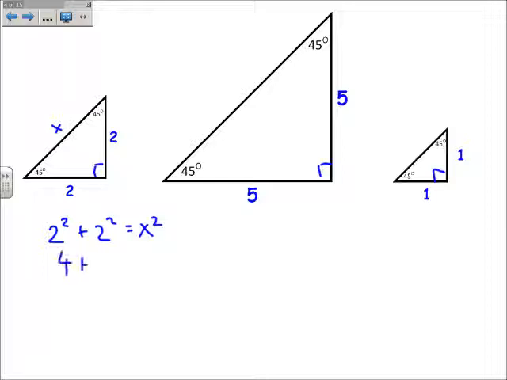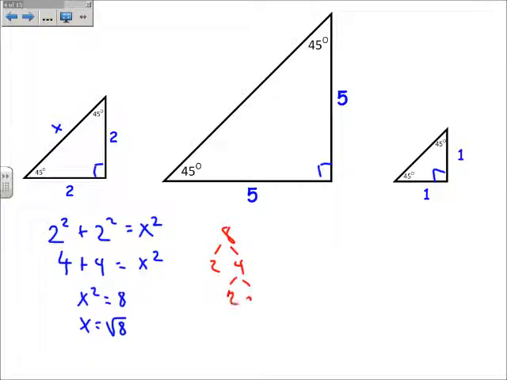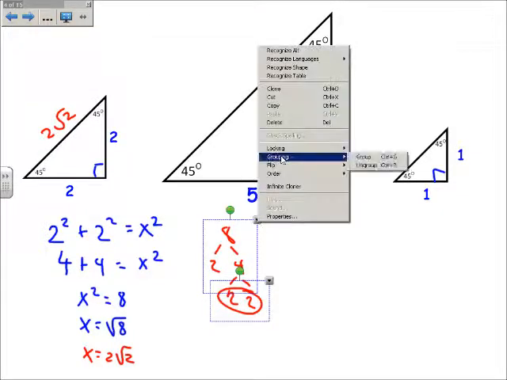So 4 plus 4 is equal to x squared, and x squared is equal to 8, and so x must be equal to the square root of 8. Now making a factor tree, 8 becomes 2 and 4, 2 and 2. I have my pair, a perfect square, so x is equal to 2 root 2.